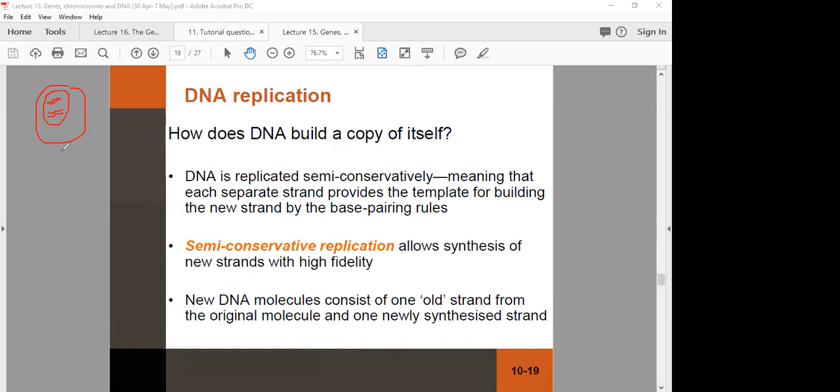Now, when this cell divides to give rise to new cells, this cell will essentially split to form 2 new cells, and each of these new cells has to have identical DNA to the original parent cell. Okay, so the DNA needs to be identical to what was in that parent cell there.